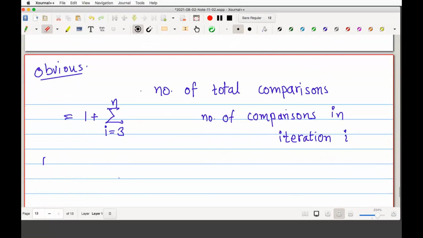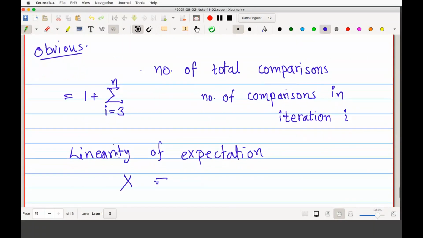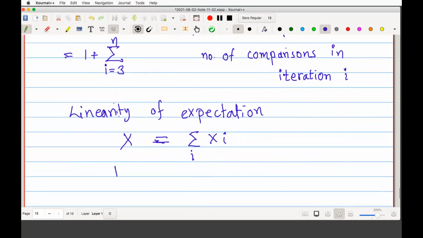Linearity of expectation says that if you have a random variable X, which is a sum of some other random variables, summation X_i from i equal to whatever, then you can apply the same equation on the expectations also.